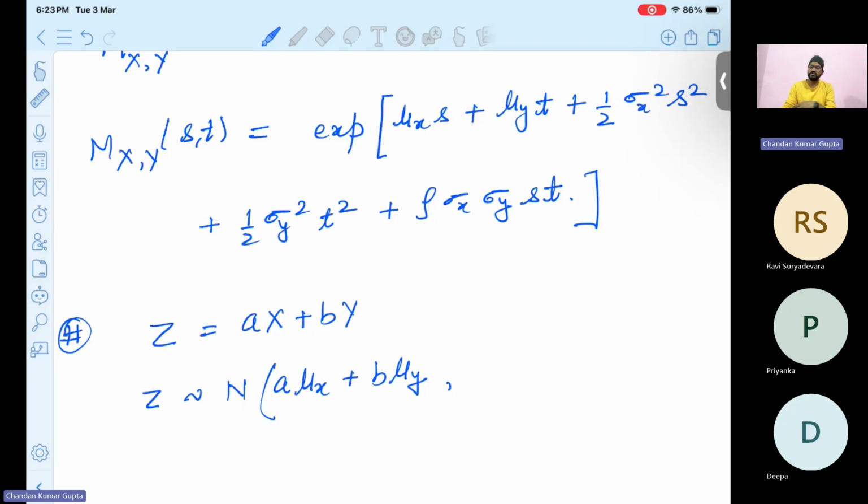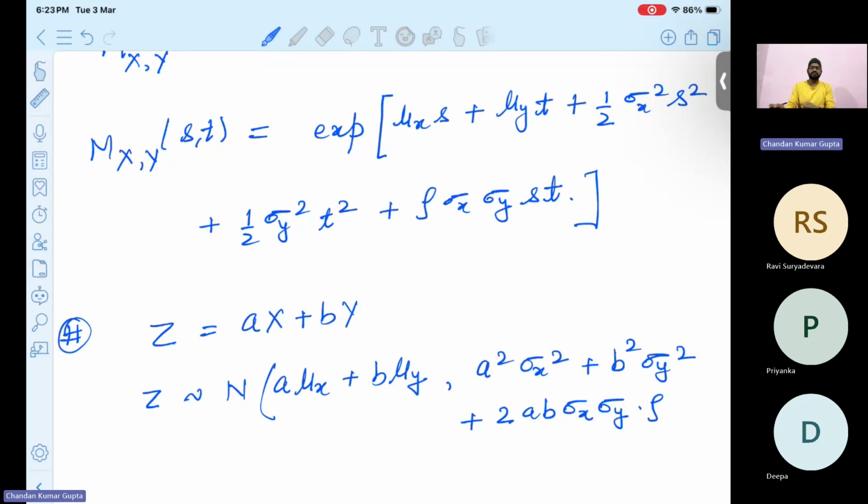The variance is a square sigma x square plus b square sigma y square plus twice ab sigma x sigma y rho.